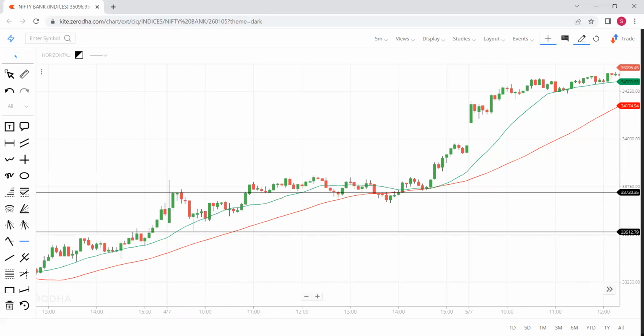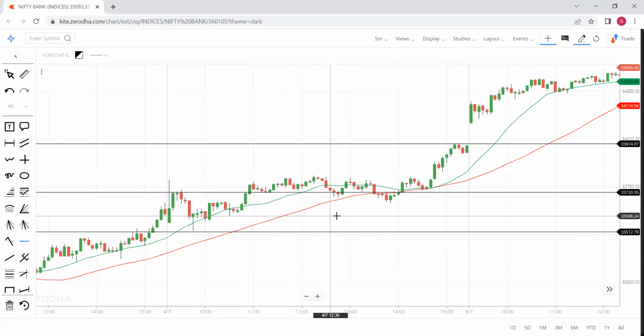You have around a 200 point stop loss, and the target reached for the day is nearby 200. Not 200, it is more than 200. It is around 250 points. So this is how the moving averages helped us to get our entry using the moving average concept and 5 minutes time frame.